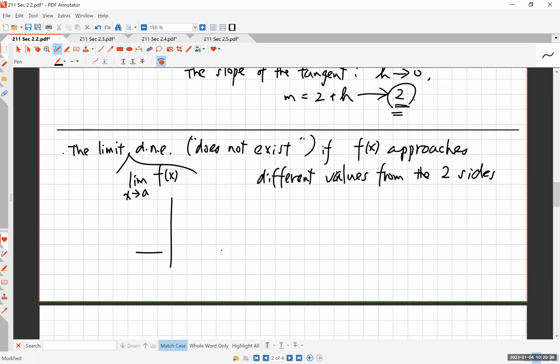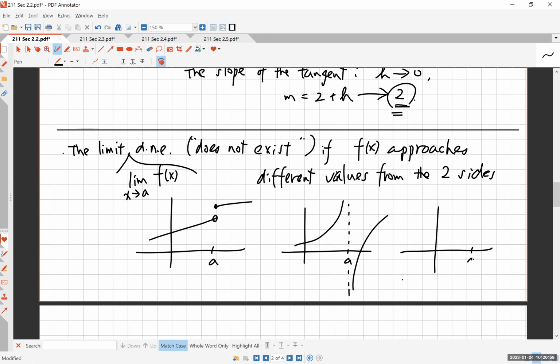Okay, now you have seen this before. Here's an example of a function that has no limit. If you have a jump, or possibly you may have an asymptote like this, right? Or maybe the function could do something very strange as it approaches a.